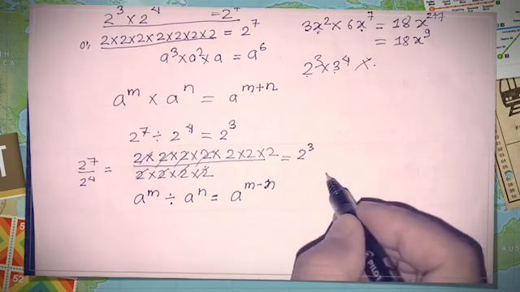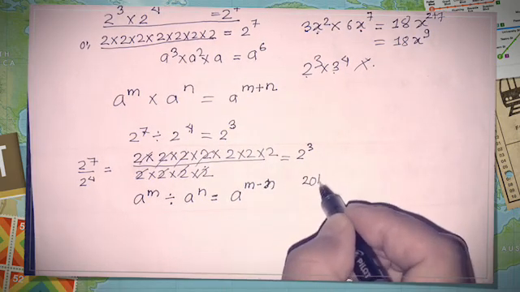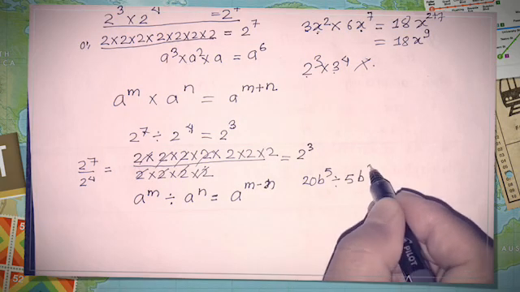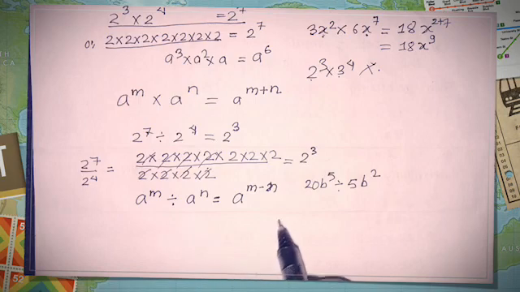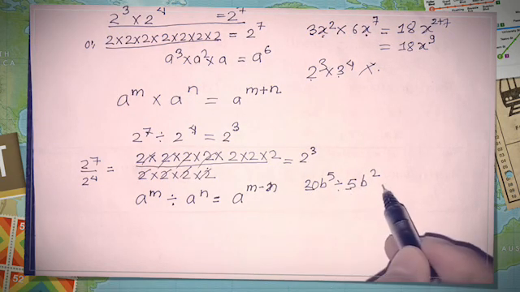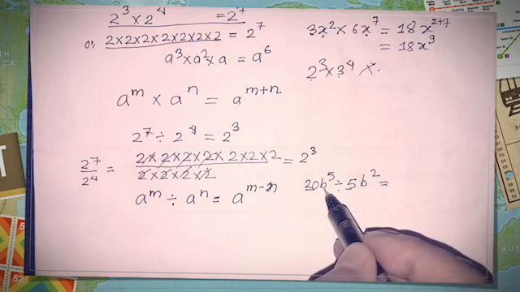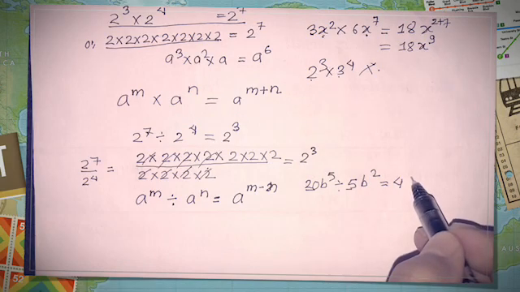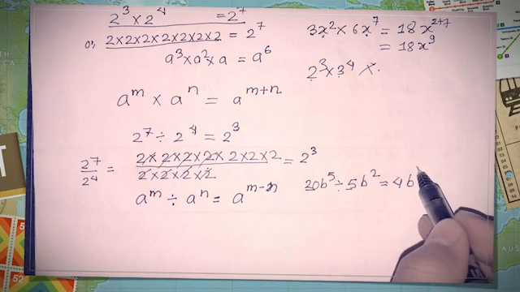Now let's divide this one. Look here. First the numbers we have to divide, that is 20 divided by 5 is 4. Another, b to the power 9 divided by b to the power 5.